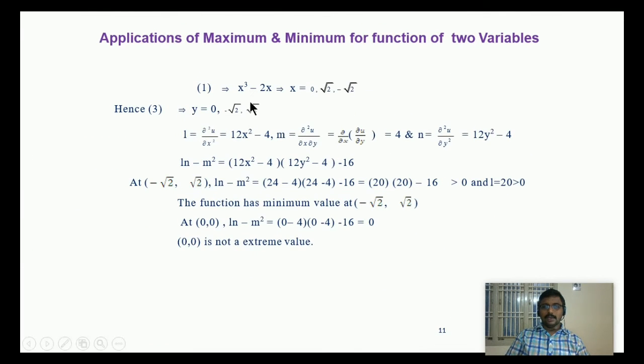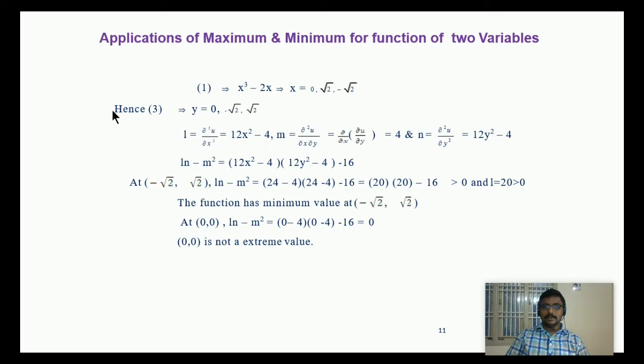Now solving x cube minus 2x equated to 0, the equation is satisfied by three values: 0, root 2 and negative root 2. For these values, y values are 0, negative root 2, root 2. So hence the stationary points are obtained.